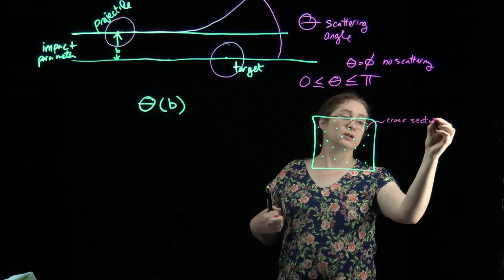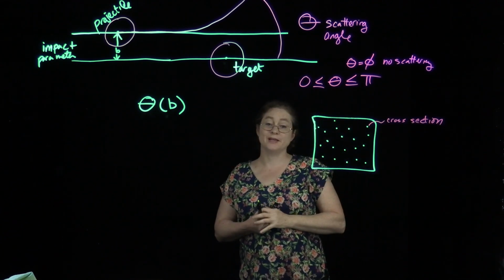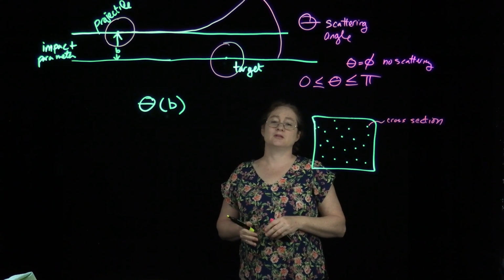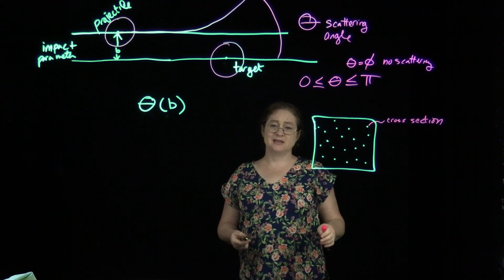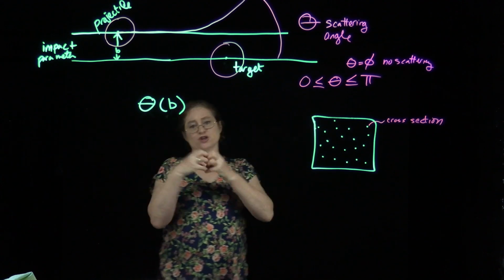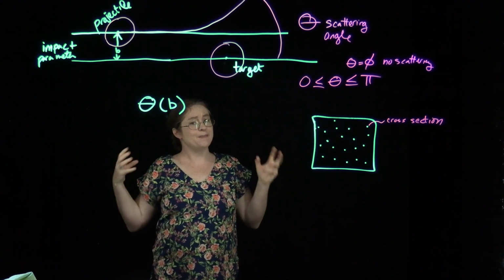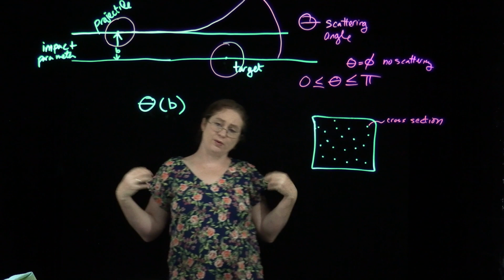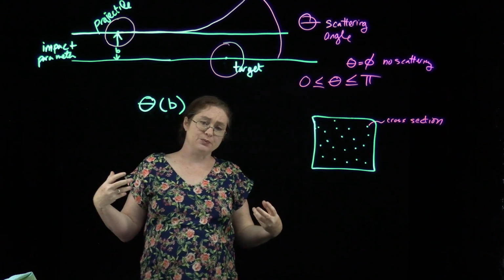In this chapter, we're going to oscillate between describing things with a picture in our head that we've got spheres colliding. That picture is going to serve you well throughout the chapter.